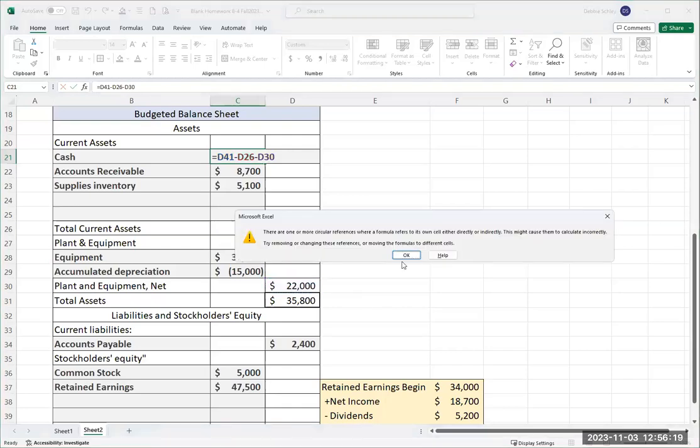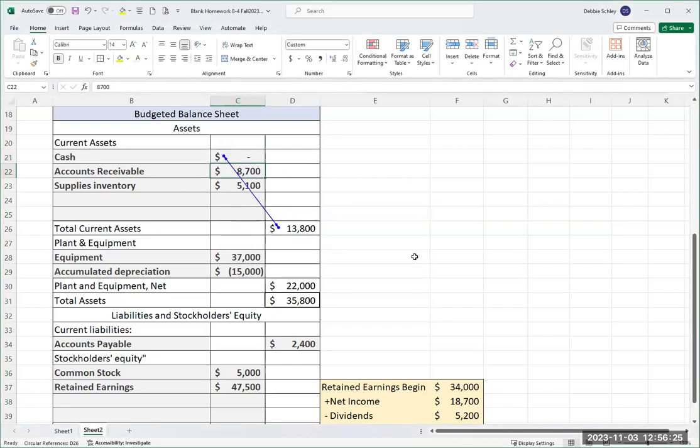And when we do, whoops, what did I do wrong? Okay, something's wrong. All right, so we won't do that. Let me see, how did I do that? Oh, I see. We have to move our way around Excel to get this done.